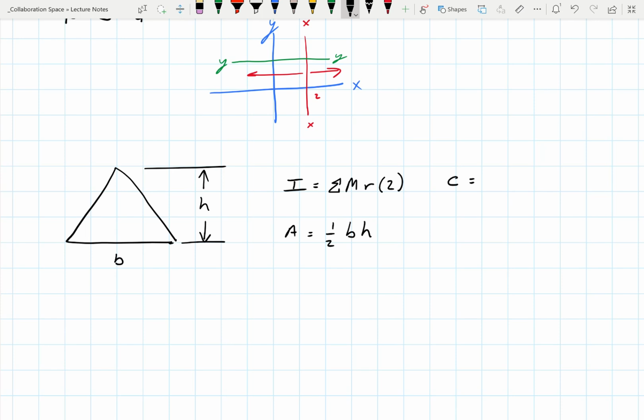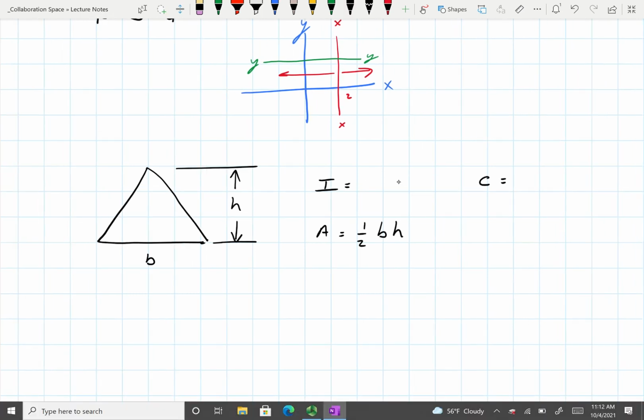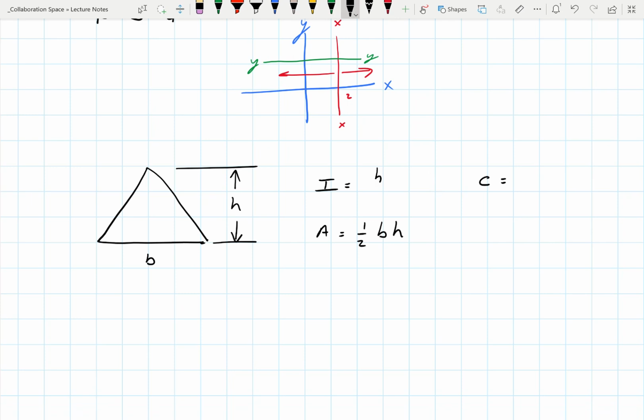Frank, is there one in the back of the book for a triangle? I may have just pulled up a shape that. I think base times height cubed over 36. That's not what it is. I like that better. Base times height cubed over 36. I was doing like math.